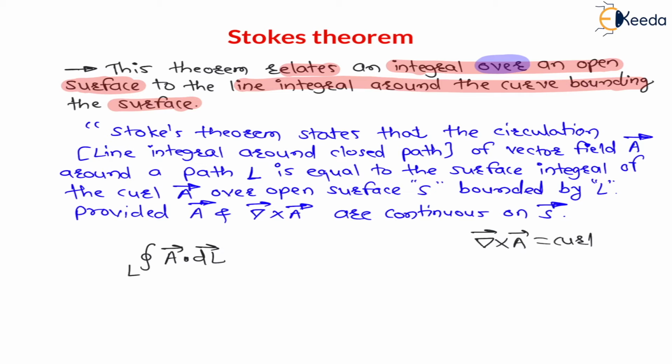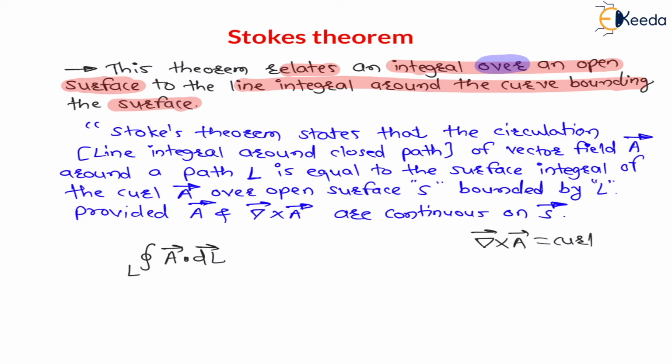Then what they are saying is equal to the surface integral of curl A, vector A, over open surface S, bounded by the closed path L, provided vector A and the curl of vector A are continuous on surface S, right?